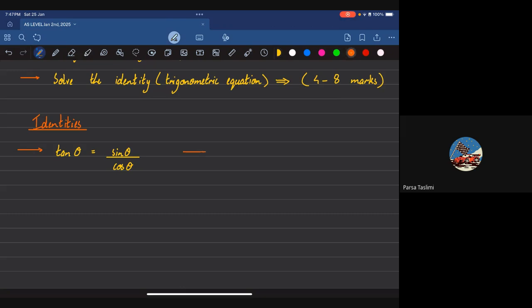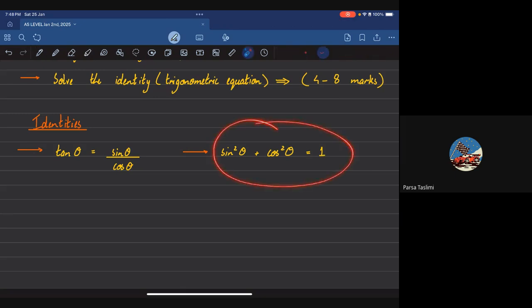Secondly, another identity is sine square theta plus cos square theta is equal to 1. Now, with this identity, you can actually make two more.